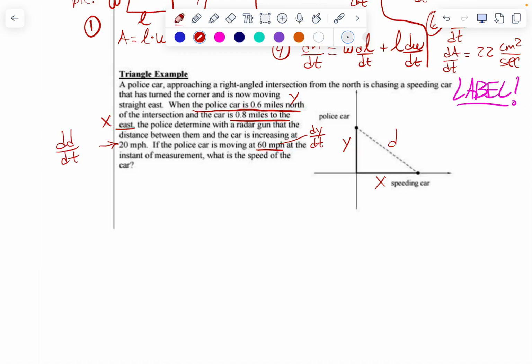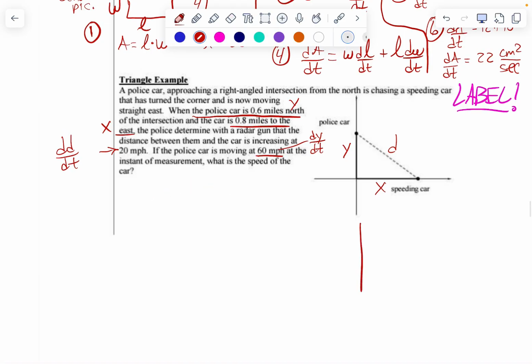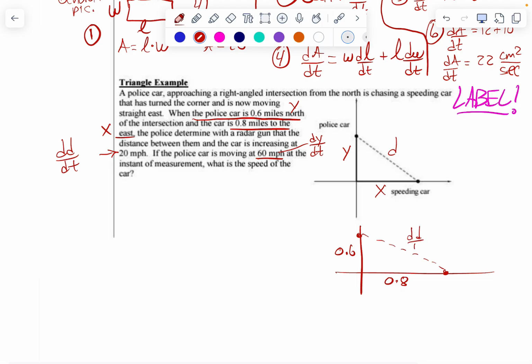Okay, so just to recall, we have x squared plus y squared equals d squared. Actually, we have a picture, and then let's follow our steps. I should not have done that yet. Specifically, we have 0.6, 0.8, and then dD/dt is 20.